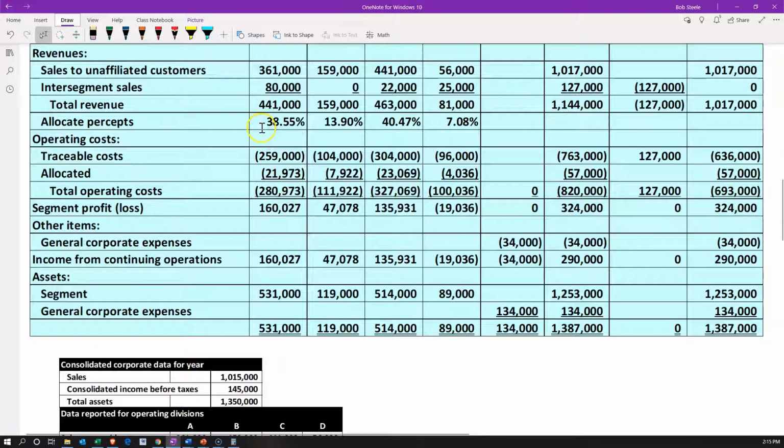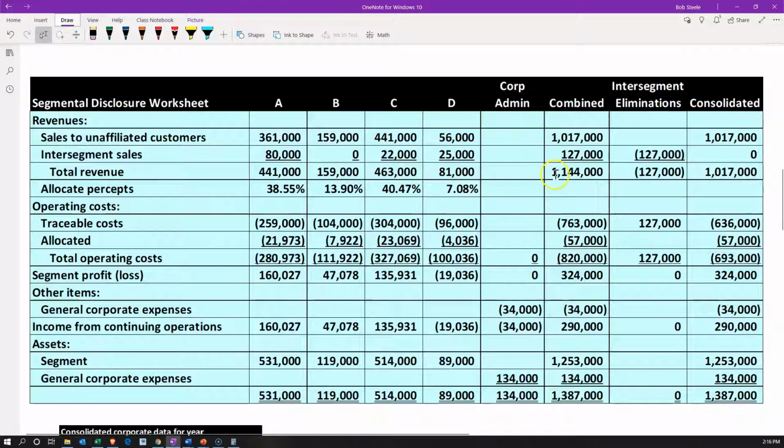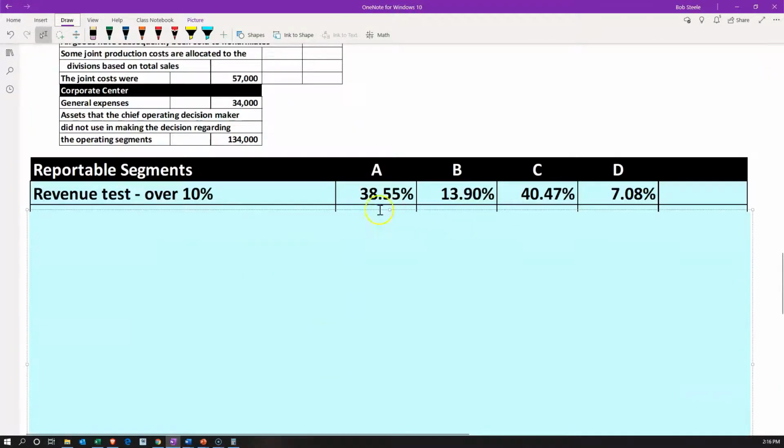You'll recall we had the 38%, the 13, and so on, where we took the revenue for each segment divided by the total. Notice we took the combined total, and we didn't take the total after the consolidation. So the combined total here, and we come out to these numbers. So these 3, of course, are over the 10% test, and therefore would need more reporting on it. This one is below, and so it wouldn't meet the test there.